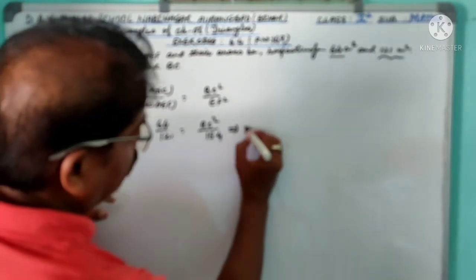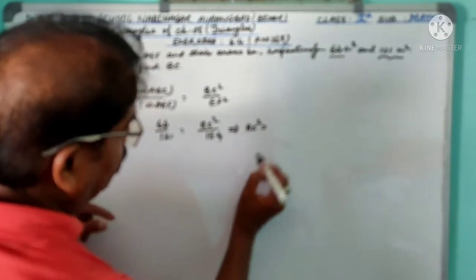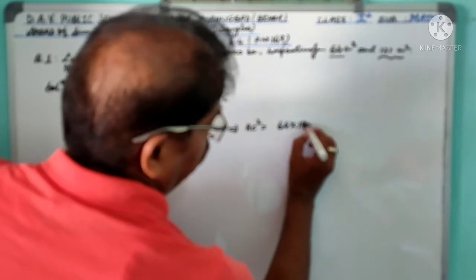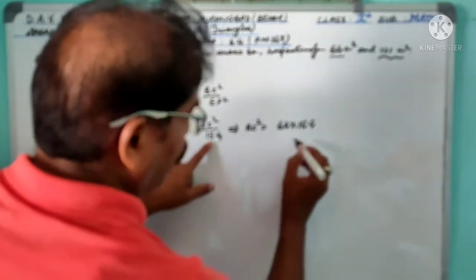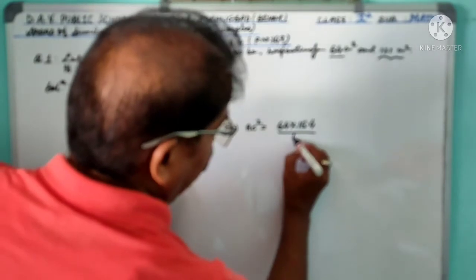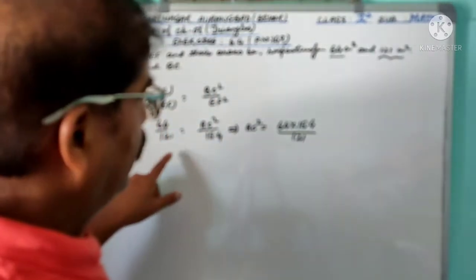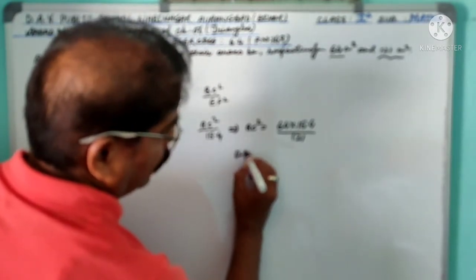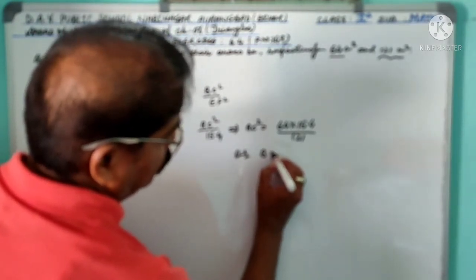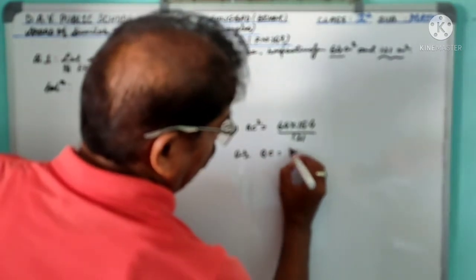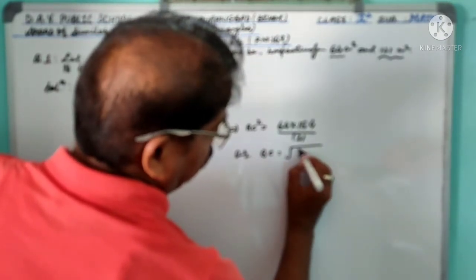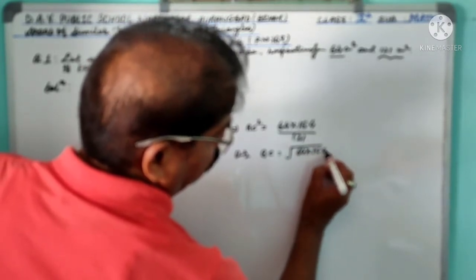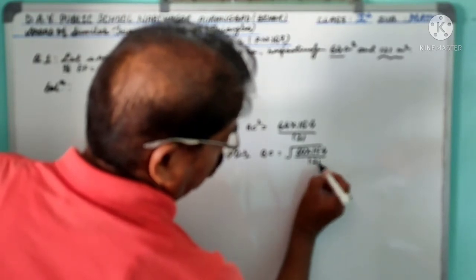Therefore, BC square equals 64 into 15.4 square by 121, or BC equals under root of 64 into 15.4 square by 121.